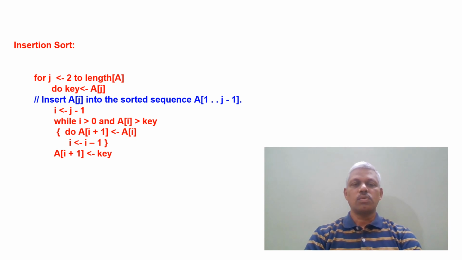Once it reaches its corresponding location, it comes out of the while loop, and then A[i plus 1] will be assigned the key. So in the for loop, we keep on assigning each of the elements as a key to the while loop. In the while loop, we place it in the corresponding location after shifting if required. That's how the algorithm proceeds.